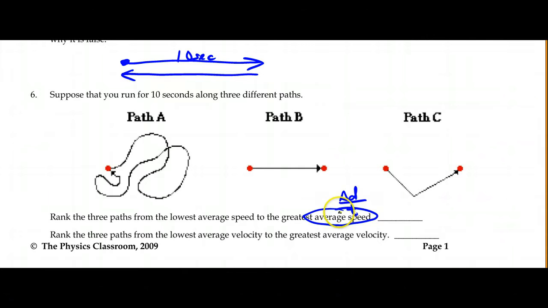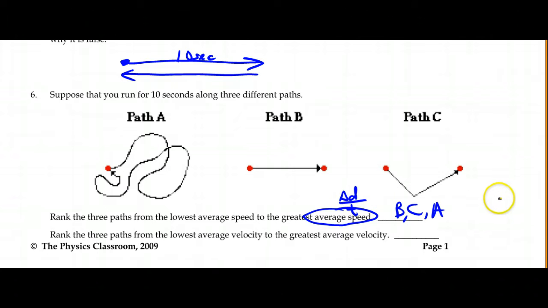The one where we're traveling the shortest distance would have the lower speed. So we're going from lowest to highest. B is the shortest distance. C is a fairly short distance. Path A is a much more complex long distance. So it would be B, C, A. A would take our highest speed for the same time period, 10 seconds. B, we wouldn't have to go very fast at all to get across that short distance. And C, again, not very fast because it's not all that complicated.